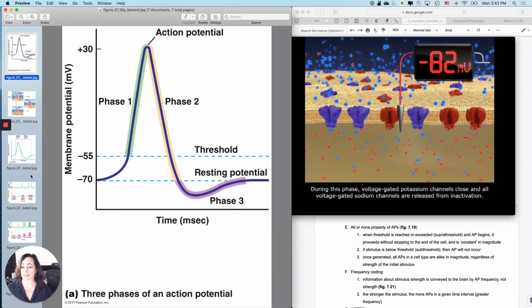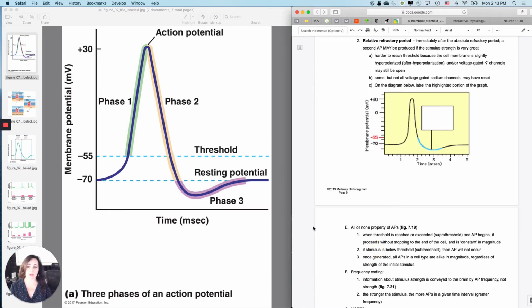Okay, so let's see if it makes sense to you that if either my voltage-gated potassium channels are still open or they close, but I'm slightly hyperpolarized, either way, it's going to be more difficult to get to minus 55 to threshold. Why?